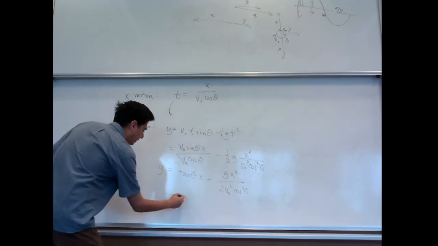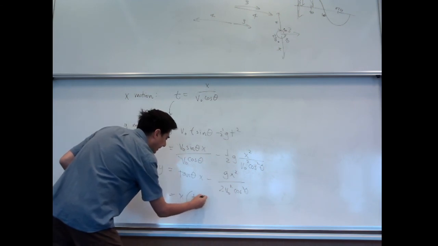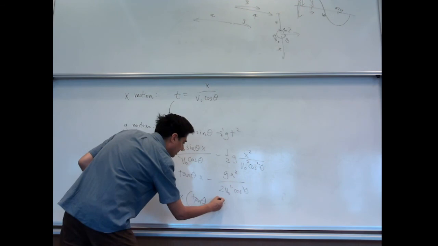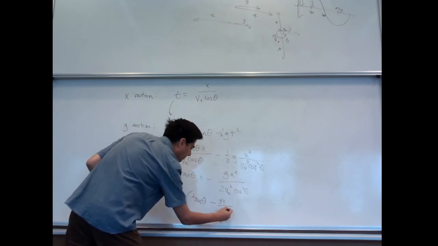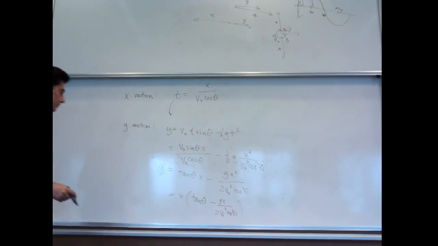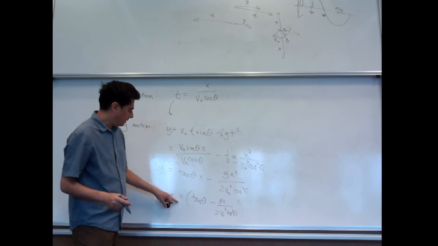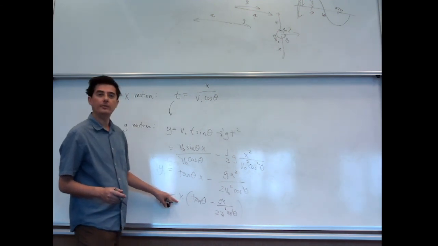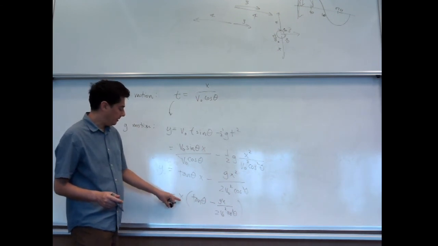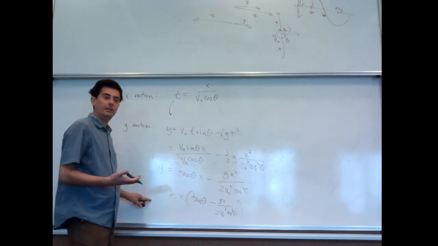So we could equally factorize this, and we'd have something like this: tan theta minus gx over 2v0 squared. And so if we solve this, say, for 0, then what this x here is telling you is that at position 0, the height is 0.